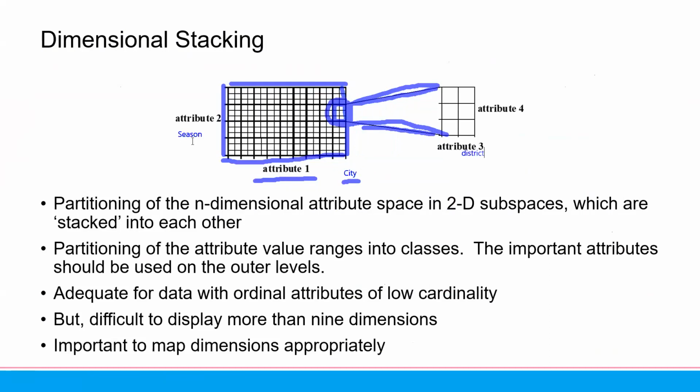Maybe we have winter season, we have fall, we have summer. So on summer, we have 3 months, June, July, August. So we can be more specific on that attribute. So we call this the dimensional stacking. We can make subspaces, so it is more detailed.